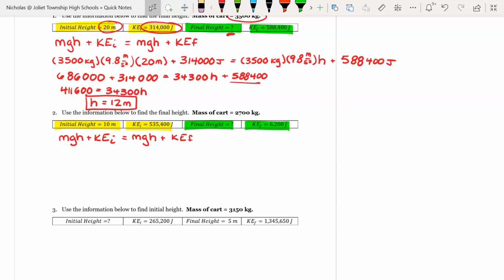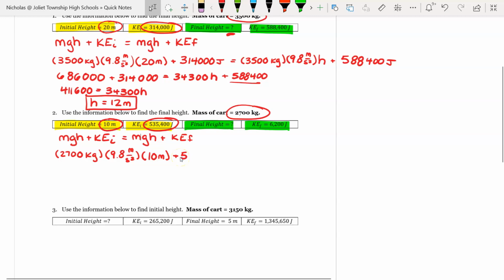And the mass of the cart this time is different. It's 2,700. So I'm just filling in what I have here. Honestly, setting the problems up is probably the hardest part, keeping everything straight. And then we're given the initial kinetic energy.